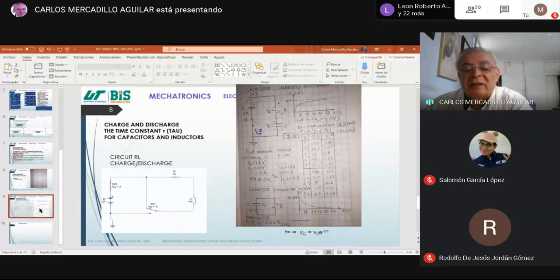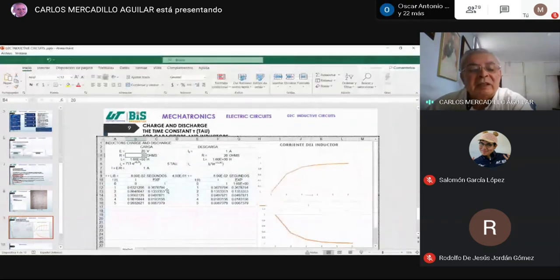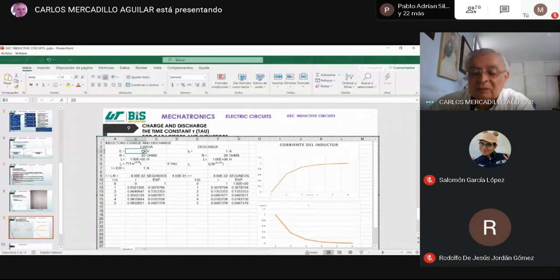But in the meantime, I made this, which we can see, and I will share it with you also. This is not only an image. Here it seems it is an image, but if you double click, you will see that it's actually Excel. You can change to, for example, 50 volts. Then the current will be different, 2.5 amperes.